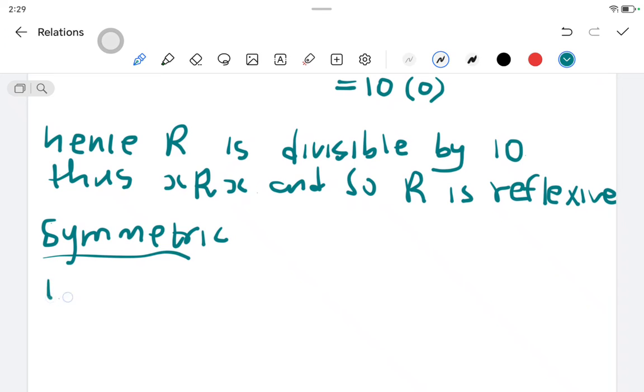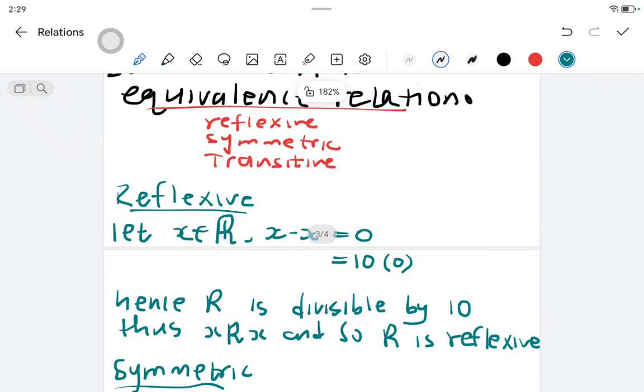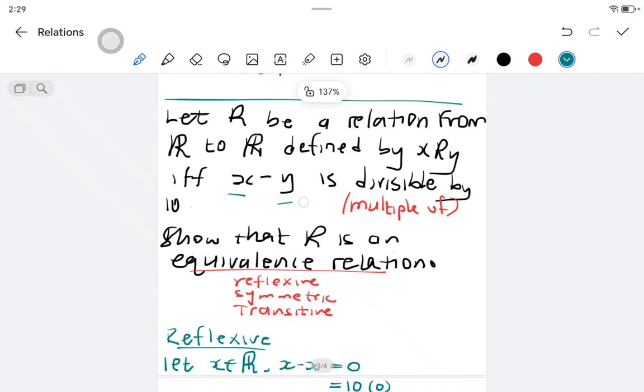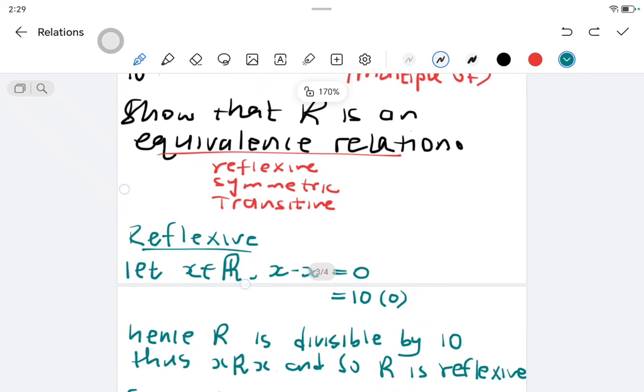For symmetric, we let the elements that were given in the initial definition. We're given x and y, defined on the set of real numbers.